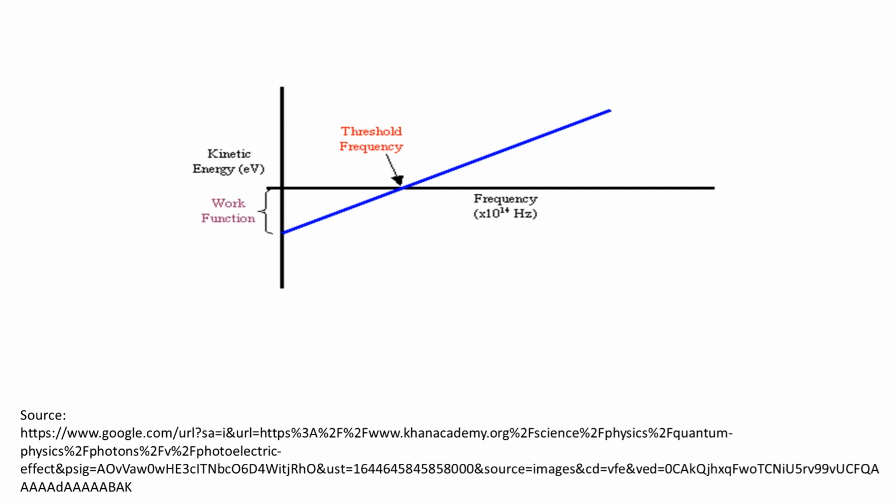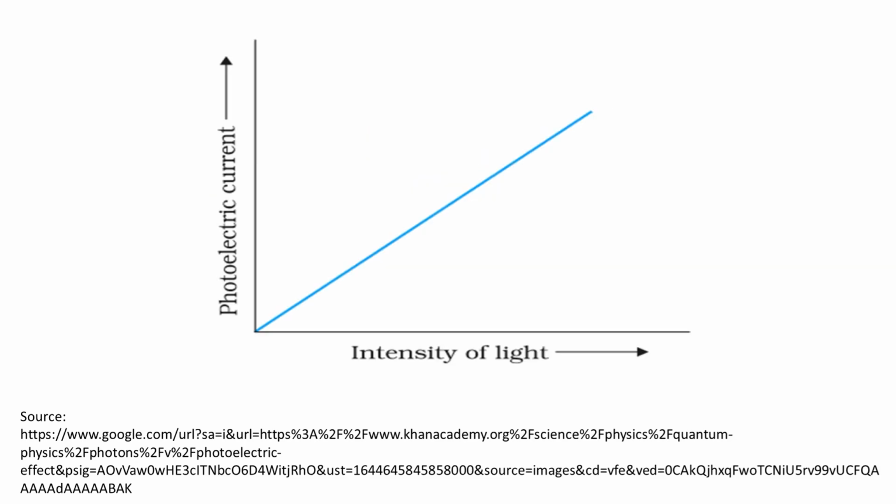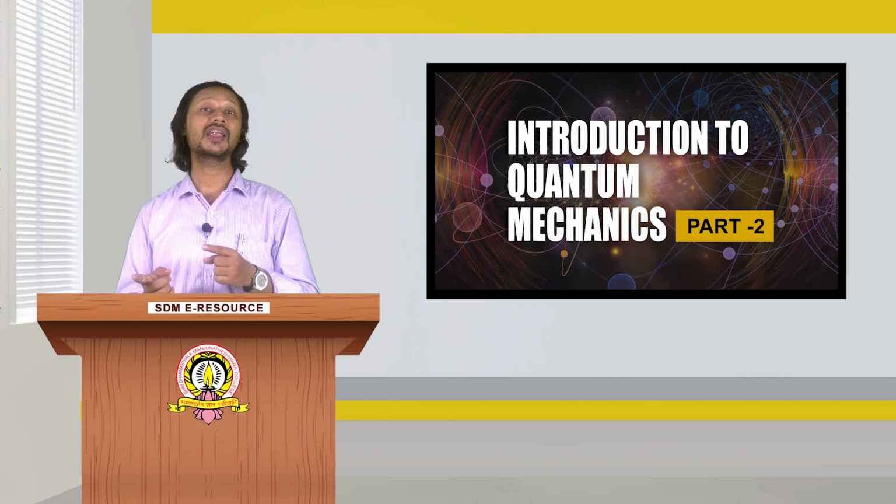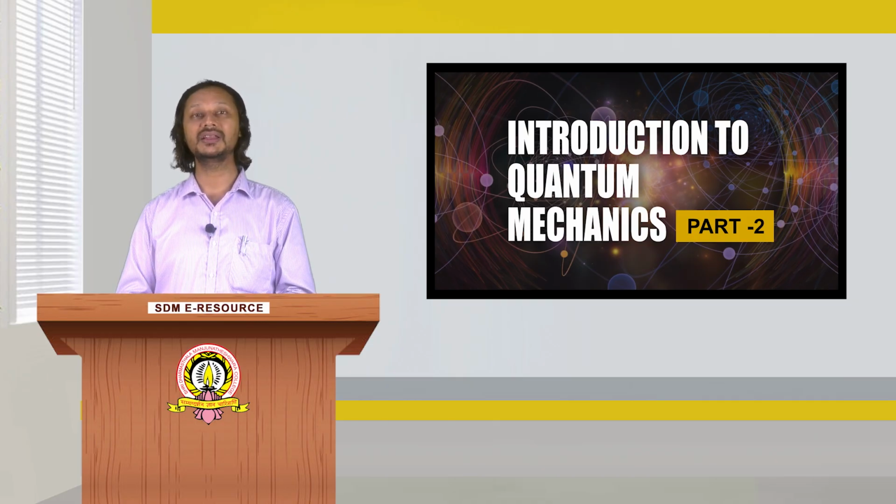Similarly, if you plot a graph of the intensity of light incident versus the current registered by the ammeter, again you see there is a proportionality, which means as the intensity of light increases, the photocurrent also increases. Now, this dependence of kinetic energy on frequency and the current on the intensity is not something we are able to explain treating light as a wave.